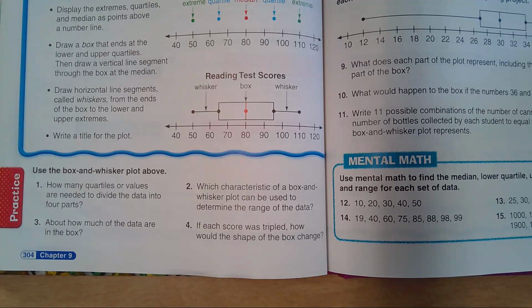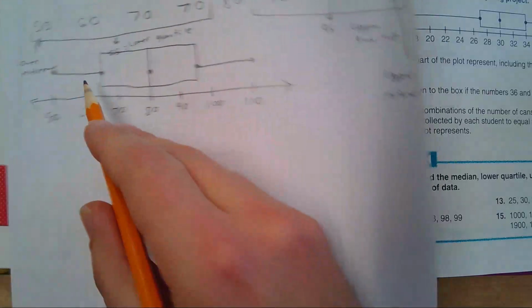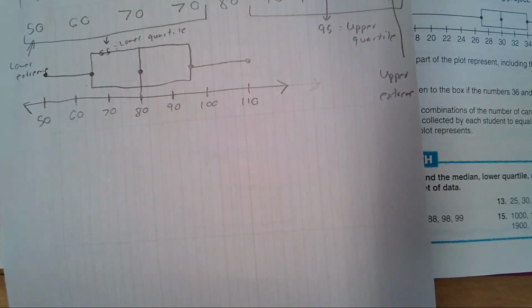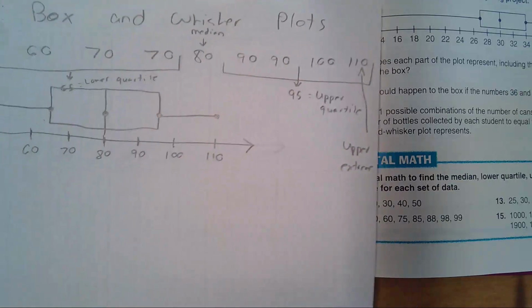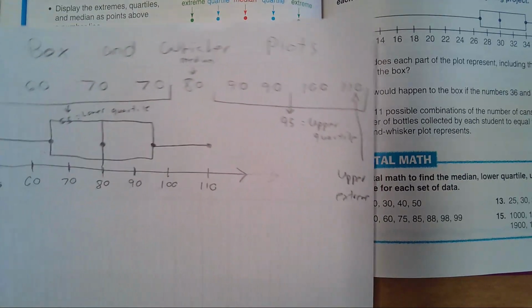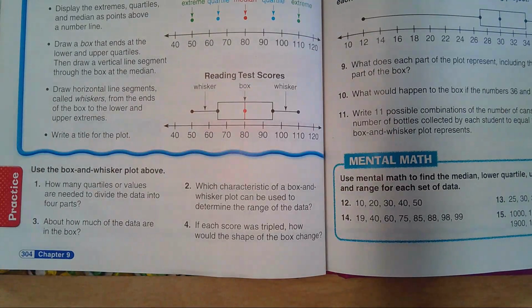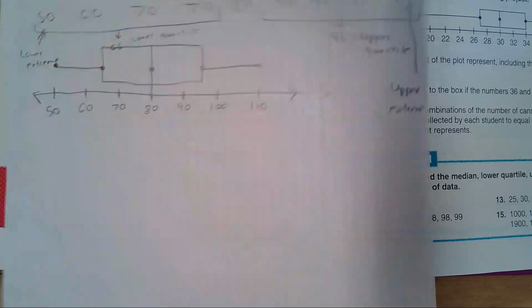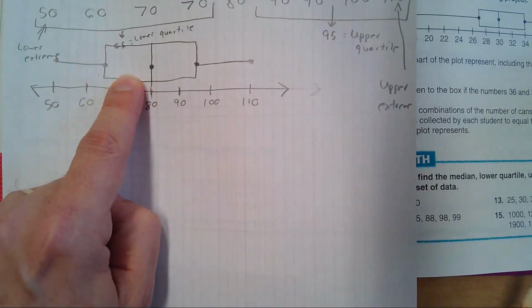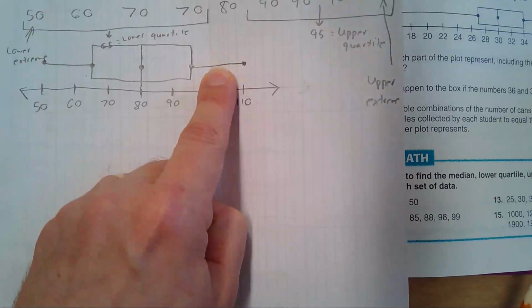Nothing I really need. So again, the quartiles have different words. Some people call it quartile 1, 2, 3, and 4. There's different terminology you may hear. For today, though, we're just going to stick with lower and upper, which is okay. We're not going to complicate it more. Does every box and whisker plot have 3 quartiles? Well, technically, there's 4 quartiles: quartile 1 here, quartile 2, quartile 3, quartile 4.